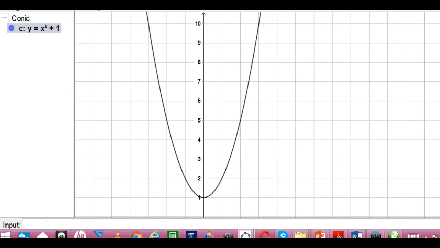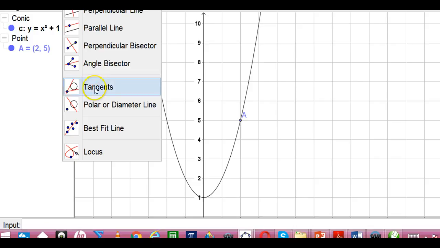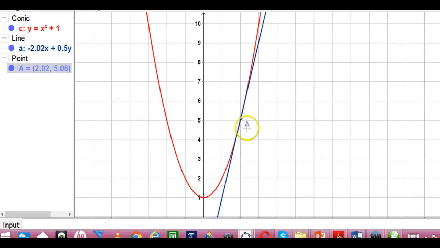So the question is, at what point are we to differentiate this? When I put a point here and I draw the gradient or the tangent, I've changed the colors for you to see the difference between the two.